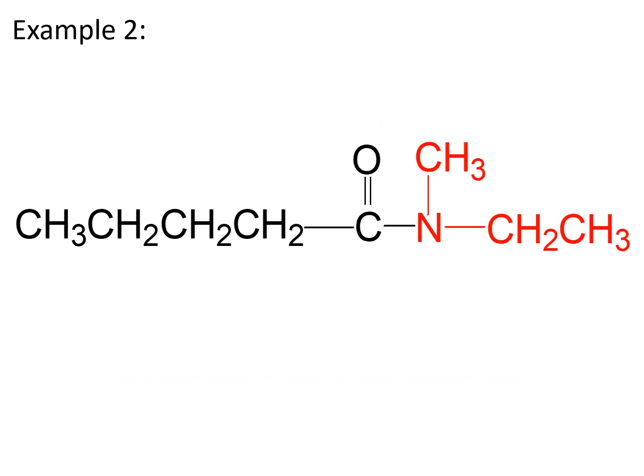Previously I mentioned N,N-diethyl. Even though ethyl is the same group as the other substituent, you have to mention it twice. Diethyl and N,N, meaning both ethyls are at the same N place. That's why we mention N twice.